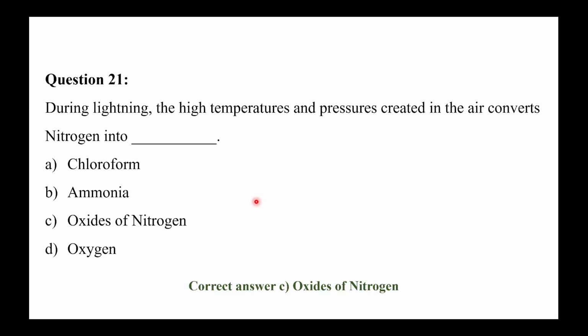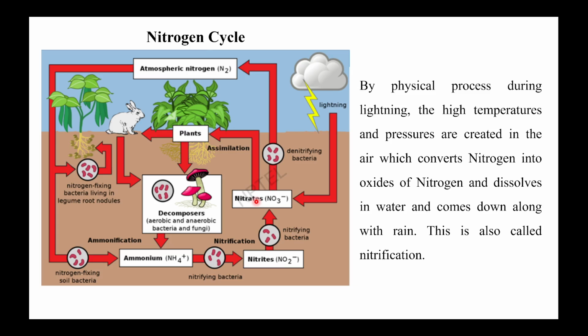So nitrogen is converted into oxides of nitrogen directly by lightning, because lightning has a high temperature and pressure that can directly convert the nitrogen into nitrates or oxides of nitrogen, which are basically NO2, NO3 minus, NO2 minus, and those oxides of nitrogen can dissolve in water and come down as rain, which is called acid rain.